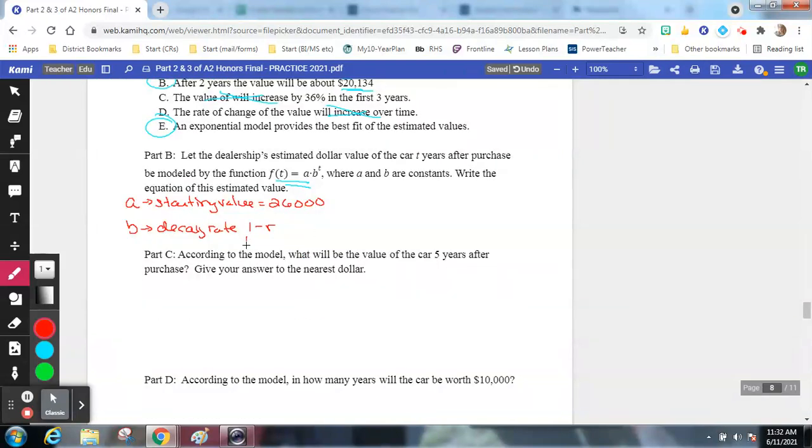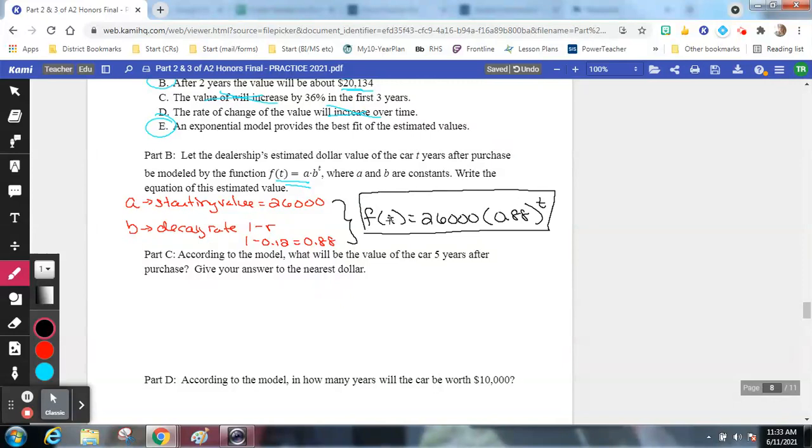So 1 minus R is 1 minus 0.12 or 0.88. And then I can put that all together in the equation I told you. So f of t equals $26,000 times 0.88 to the t. And that is our equation. And we're going to use that equation now for parts C and D.